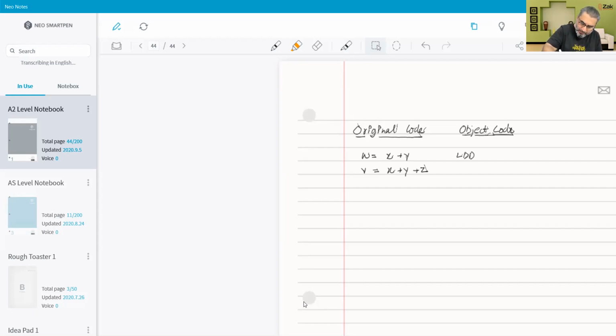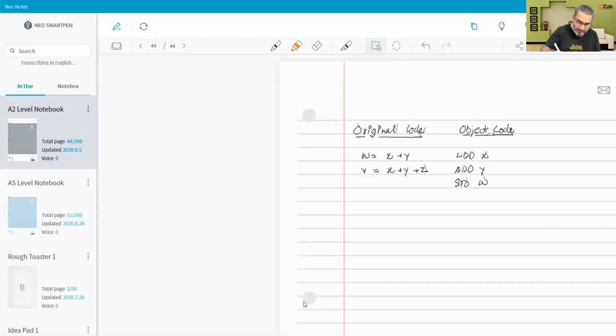So the object code of this particular code would be: load X, this is for W, load X, add Y, store at W. This is for the first line.